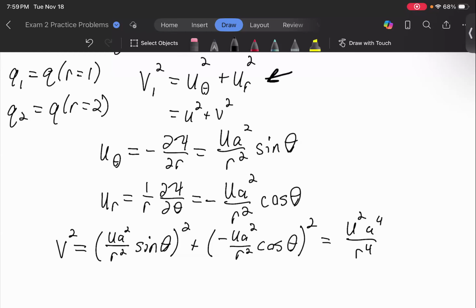So v1 squared equals u squared a to the 4th over 1 to the 4th, and V2 squared equals u squared a to the fourth over 2 to the fourth.